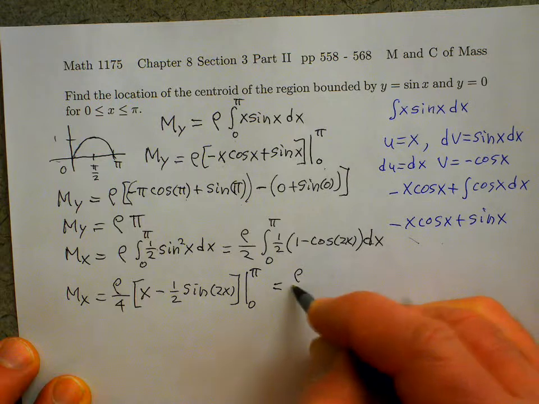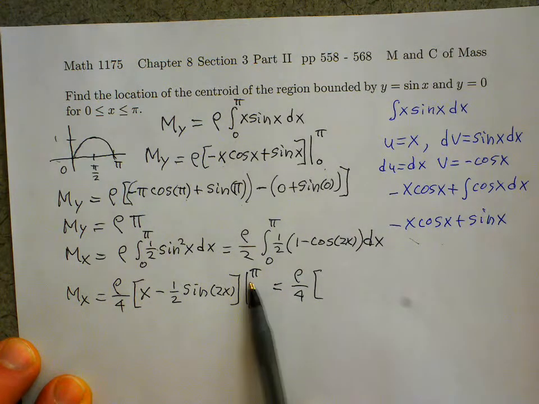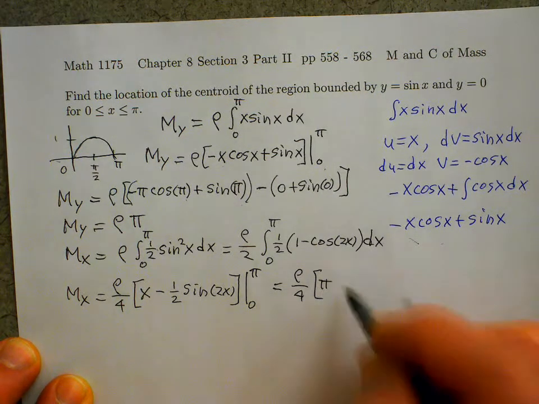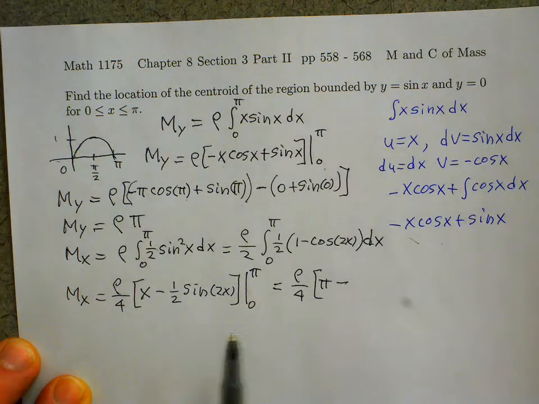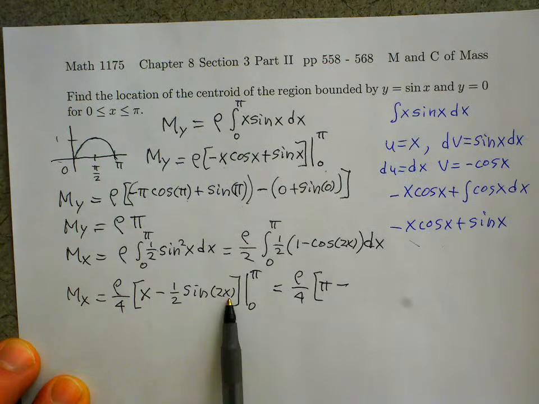So rho over 4. And when x is pi, we get pi minus, well, when x is pi, sine of 2 pi is 0. So it's pi minus 0.